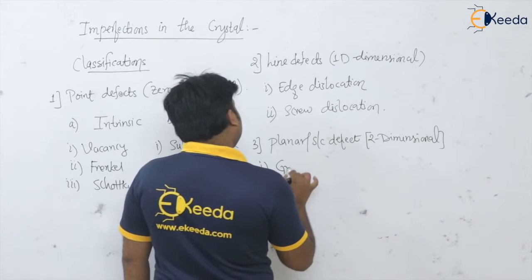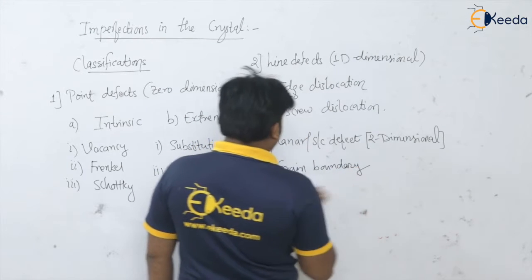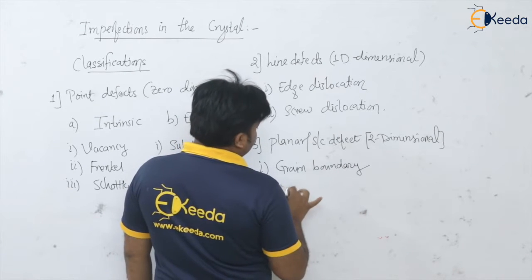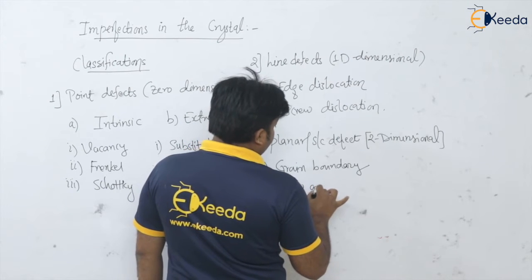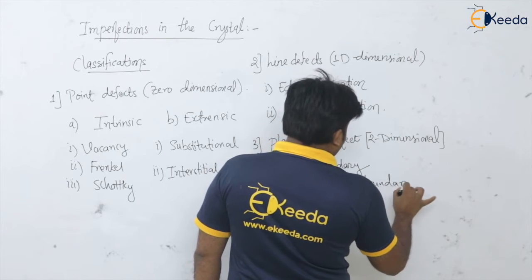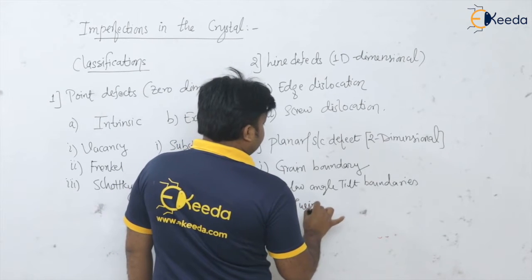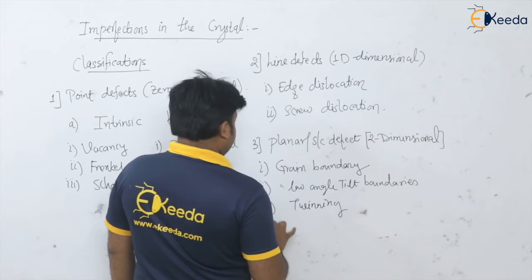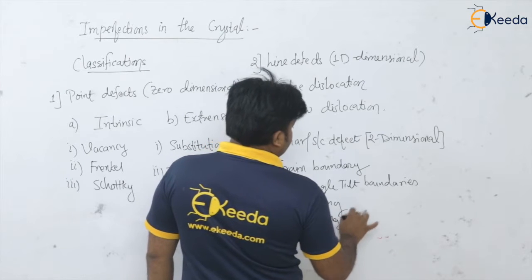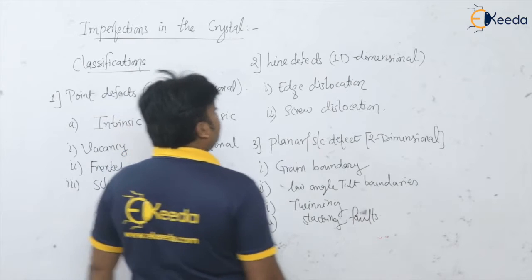Here we are having the grain boundaries, low angle tilt boundaries, then twinning and stacking faults. So these are the defects we are having in the surface defects.